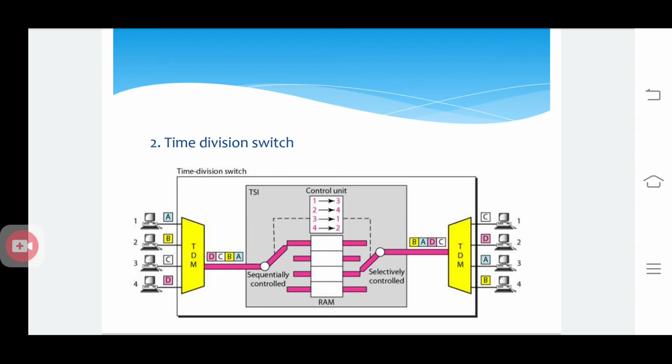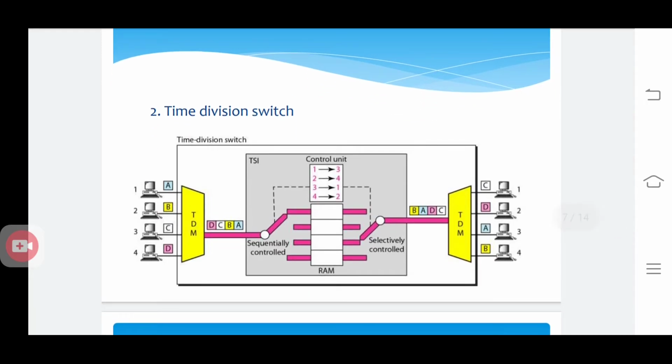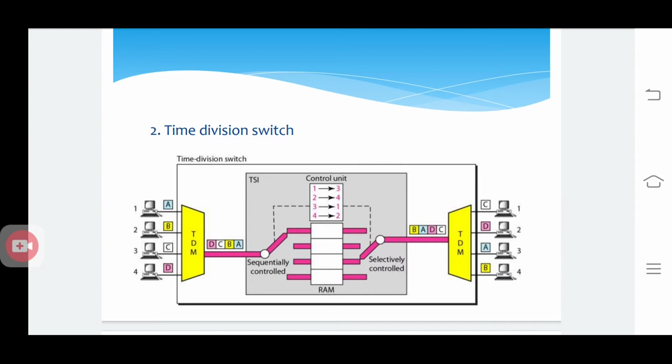This is the structure of a time division switch. You can see 4 senders and 4 receivers.